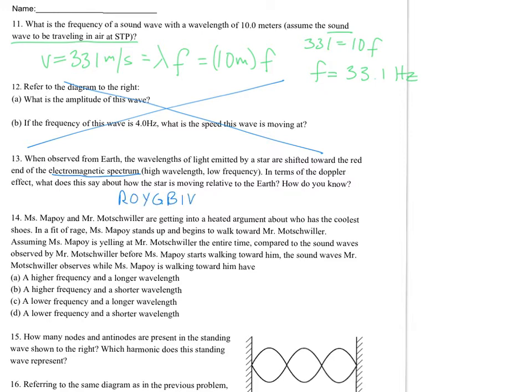Okay? So as we go towards the red end, that means we have high wavelength, lower frequency. But as we go towards the violet end, it's the opposite. We have lower wavelength, higher frequency.